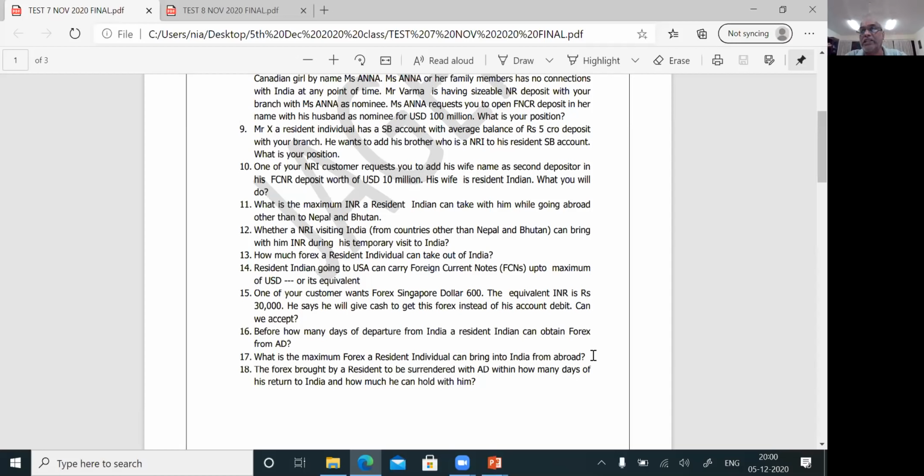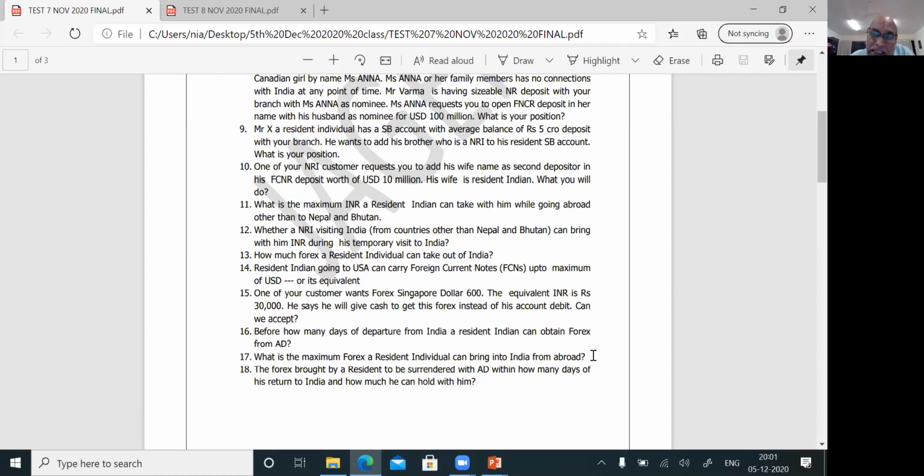It is a must for a person entering India, either resident or non-resident, if the foreign currency notes brought by him exceed 5,000 US dollars. He can bring any amount of forex, but if the foreign currency notes brought by him exceed 5,000 US dollars, then he has to necessarily obtain a currency declaration form.